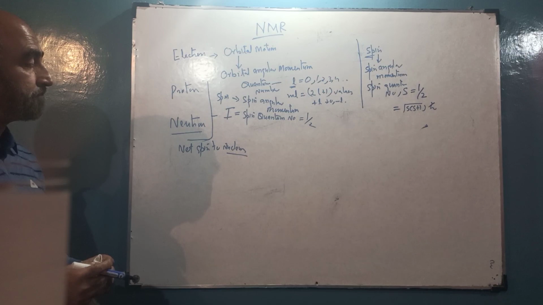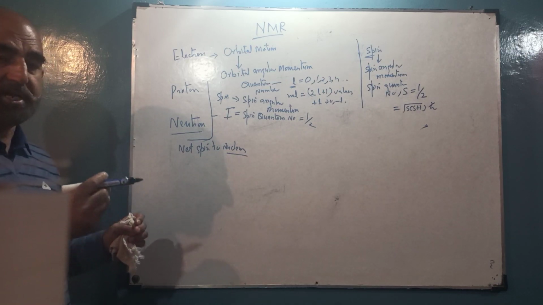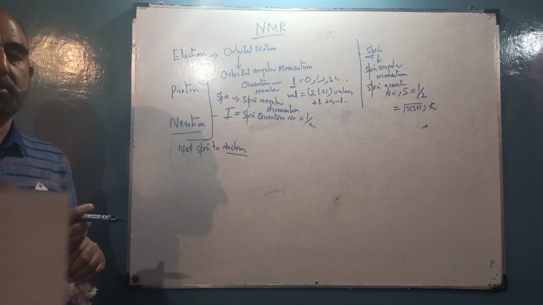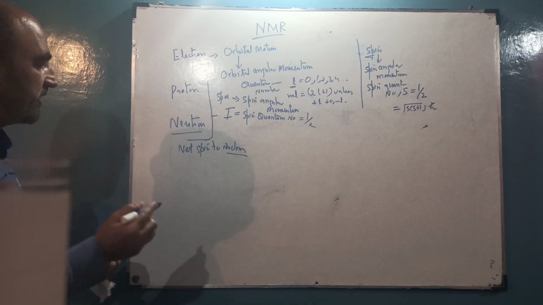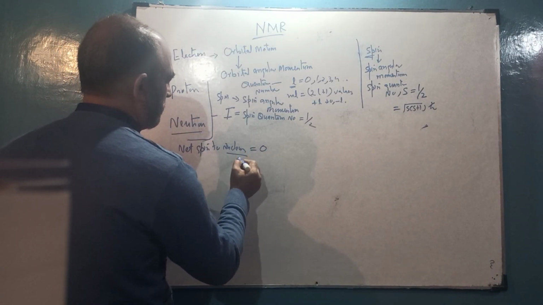Now when the protons and neutrons all have their spins paired up in an antiparallel manner, then the net spin of the nucleus will be equal to 0.